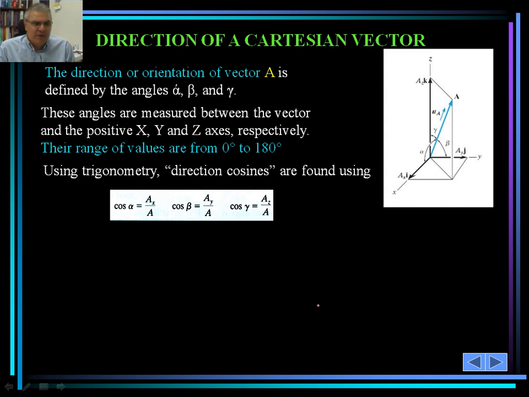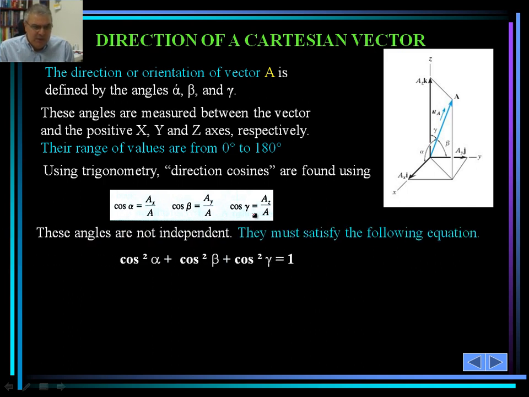And if we use the fundamental principles of trigonometry, we can simply calculate the cosine of alpha, cosine of beta, and cosine of gamma as shown here. One is A sub x divided by A, the other is A sub y divided by A, and the other is A sub z divided by A. That's really coming from the right triangle and the relations that we can use there from trigonometry.